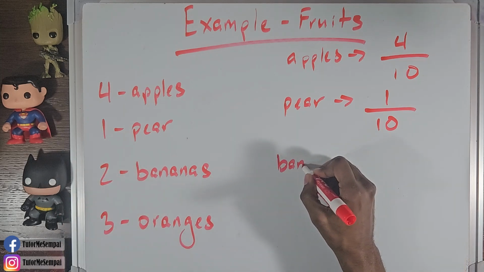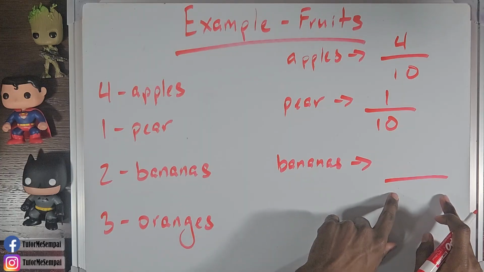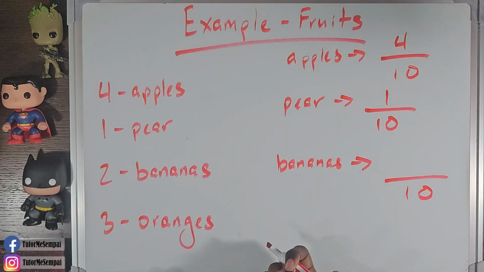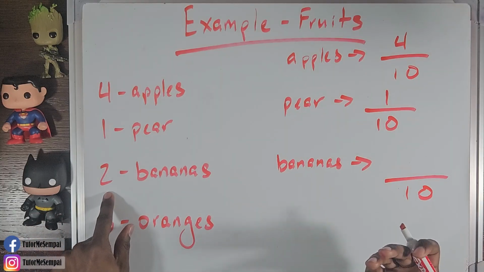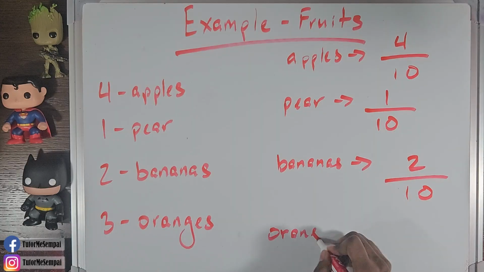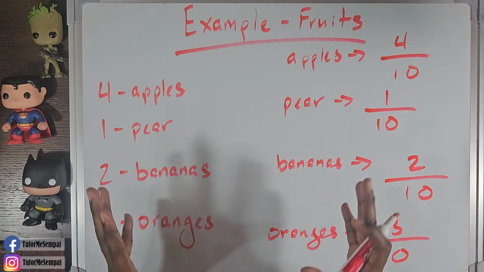Bananas? Same thing. You have your bar. We still have the same group of fruits, so 10 stays the same, but we only have 2 bananas that we can focus on. And of course, oranges, the same thing happens. 10, and we focus on 3. So we finish this example.